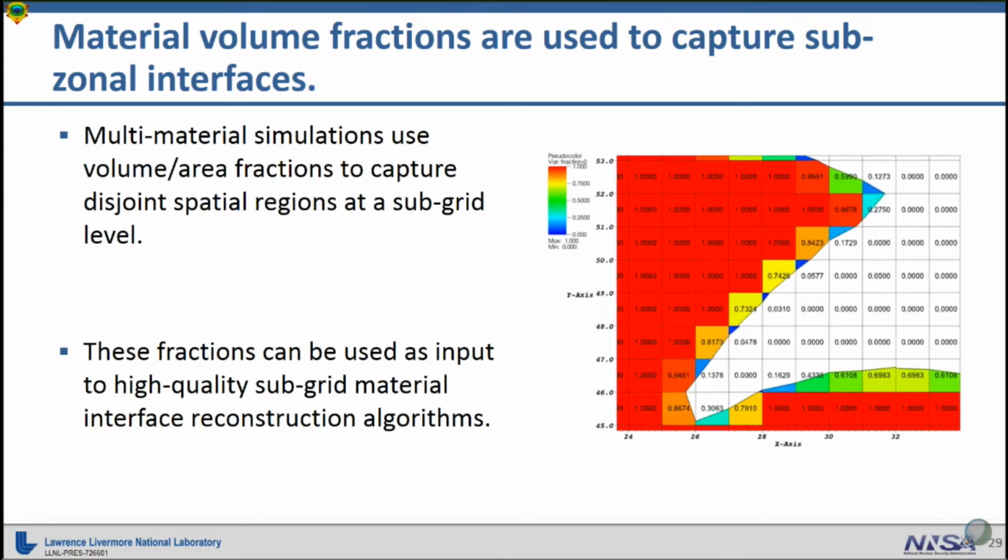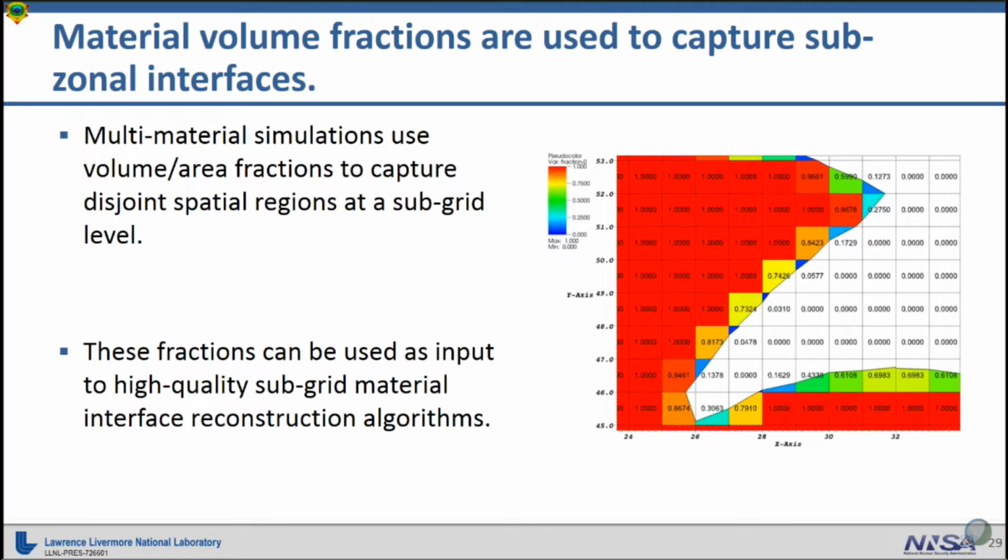So the colored region is one material, and then the white region is another. And those values within those cells are the volume fraction for the colored material. So that's a value between 0 and 1, 1 representing completely filled with that material, 0 representing that there's none of that material present.